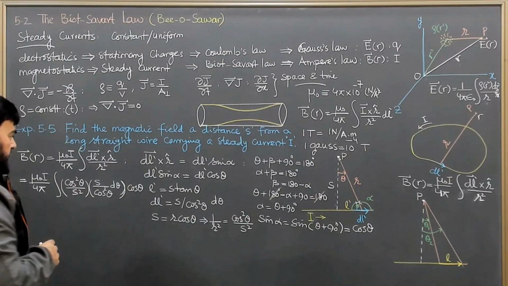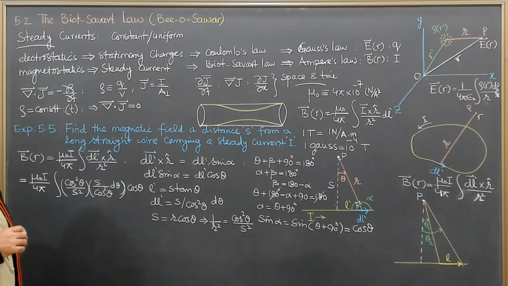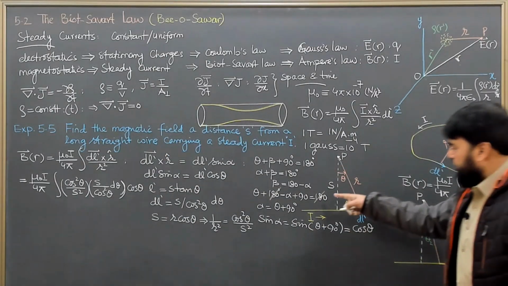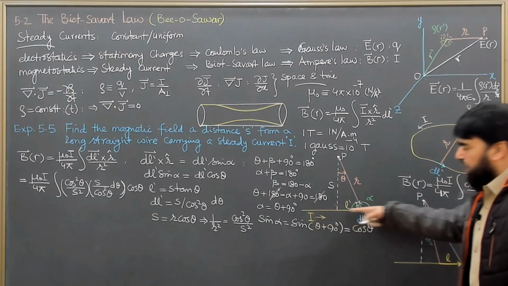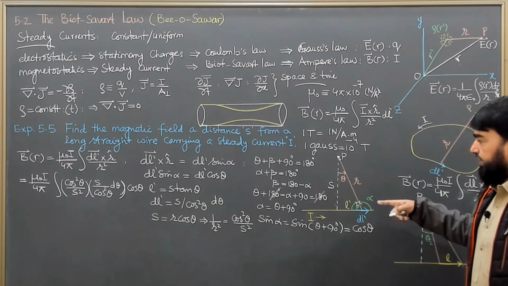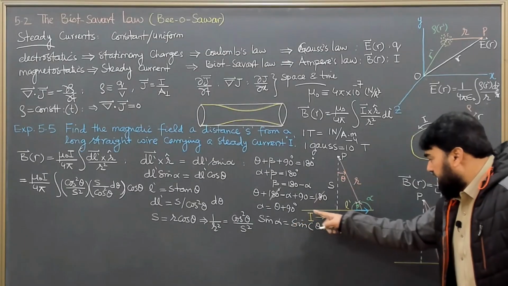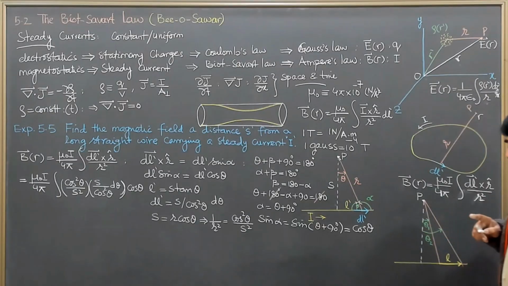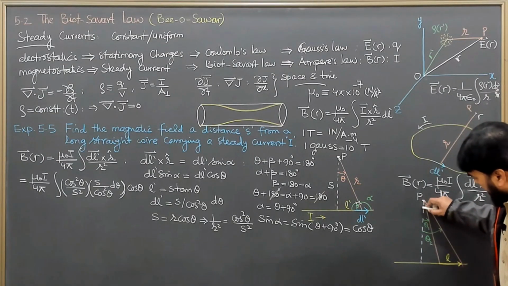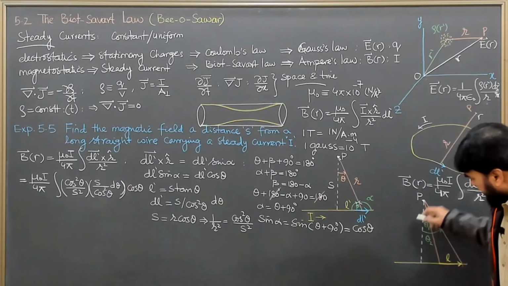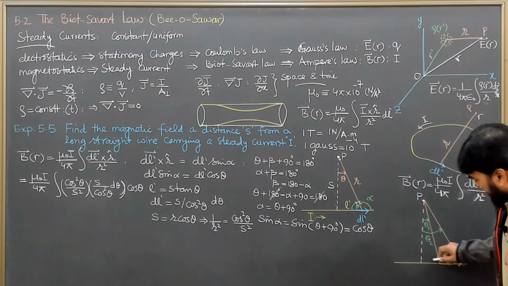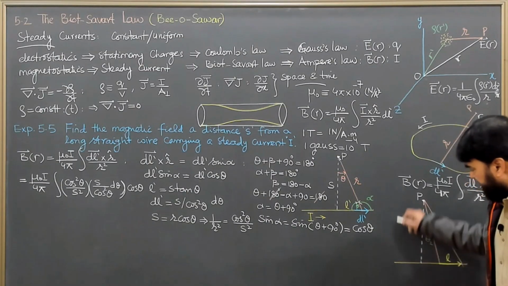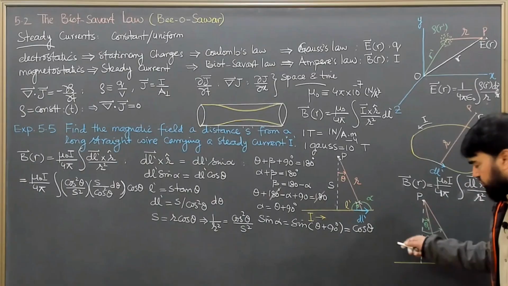Now what about the limits of theta? Because this should cover the whole wire, because we are integrating on dl. So all length will be covered here, and to cover all this length, let's say we start from here, then the angle theta 1 here, or if this line is here, then of course it will be here.